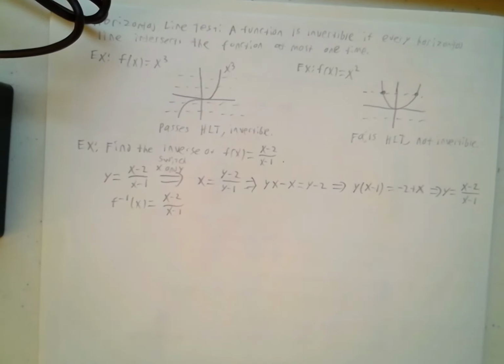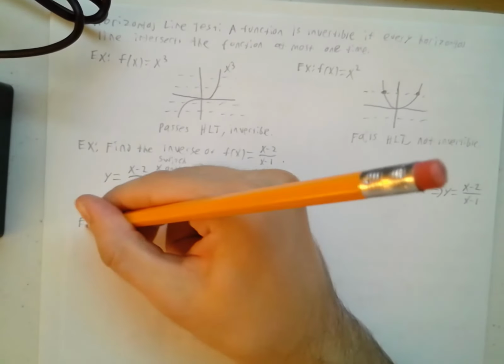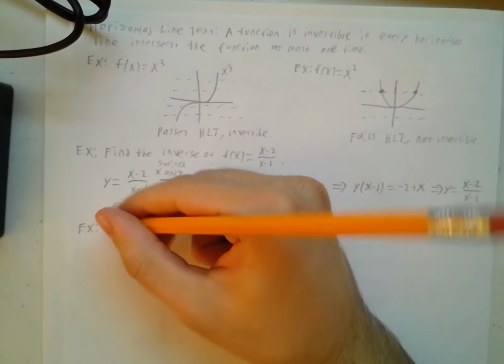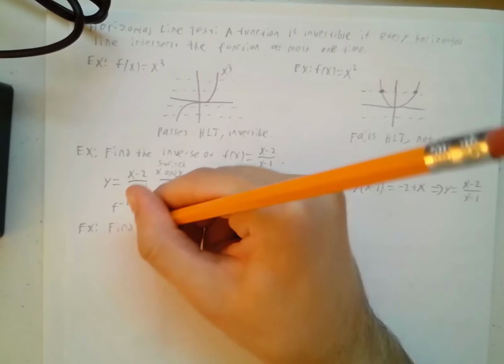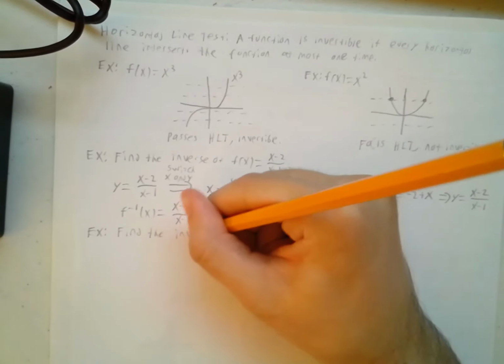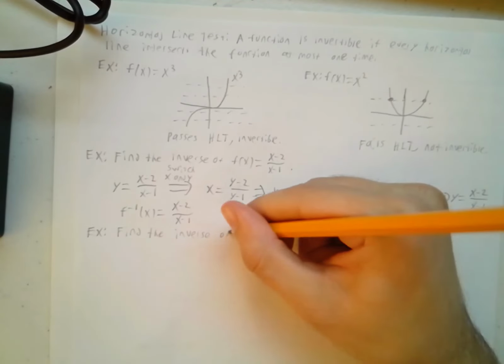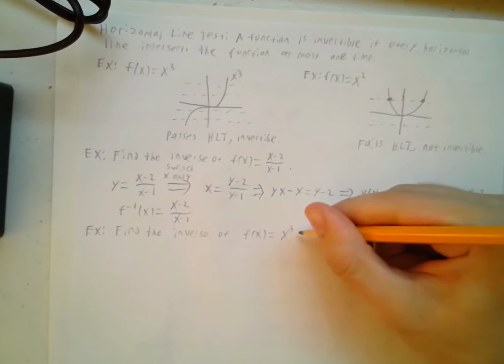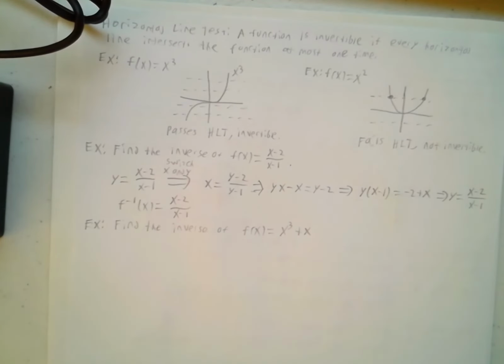For example, if we have a function which is slightly more complicated, so f of x equals x cubed plus x. So this function is invertible.